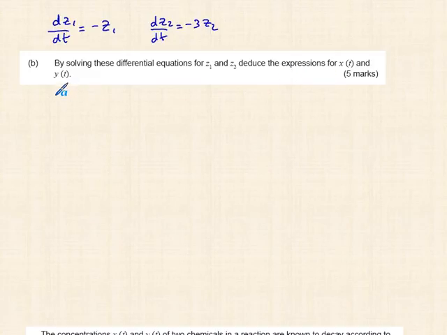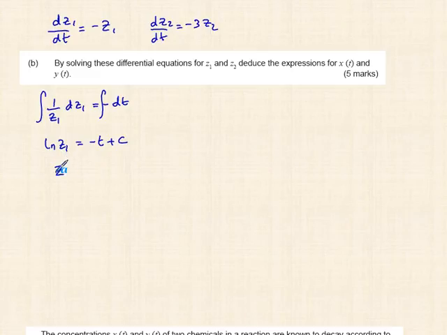We now want to solve these differential equations for z1 and z2 and hence deduce expressions for x and y. So this is a separable differential equation. We can say 1 over z1 dz1 is equal to negative dt, and integrate, and then we get ln z1 is equal to minus t plus a constant.